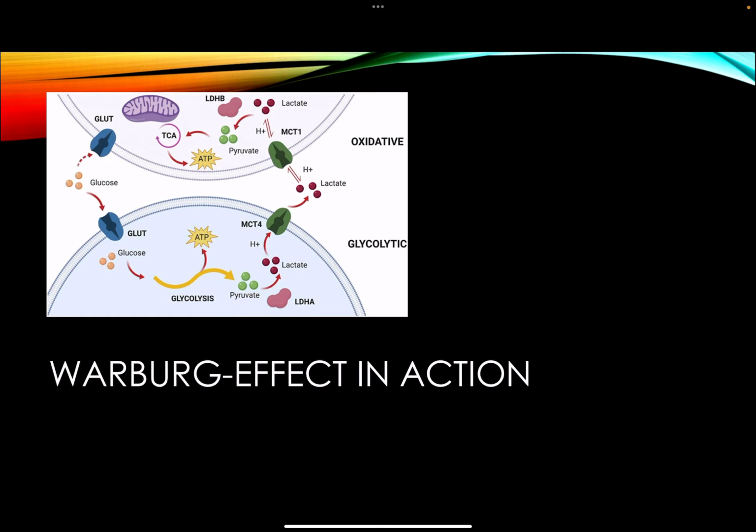So on the bottom, we are seeing a cell that is only going through glycolysis. So we would say this is maybe more of those inner cells. It's bringing in a lot more glucose, in comes the glucose, and then we're creating a lot of lactate. Now, another set of cells within the tumor might be optimal for using that lactate.